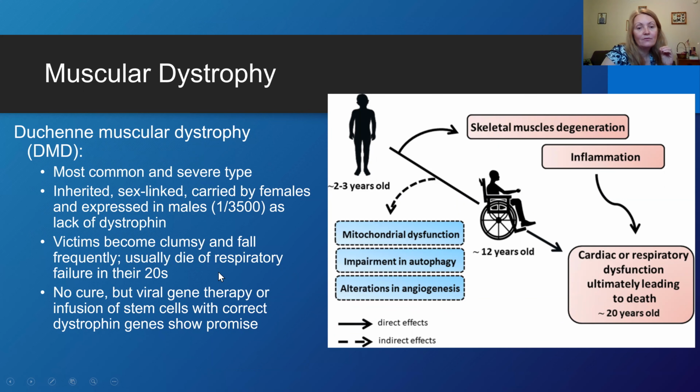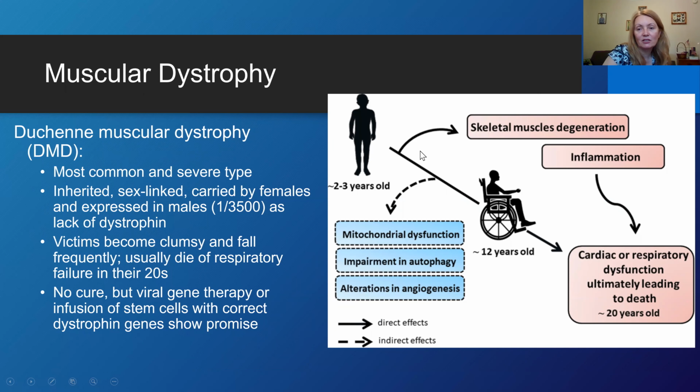So if we somehow introduce a healthy gene to these patients, we hope that muscle cells start synthesizing dystrophin, right? And these are diagrams that show you the effect of this disorder.